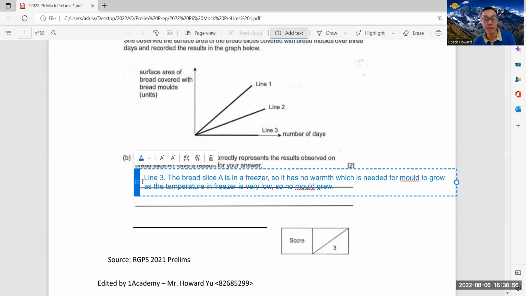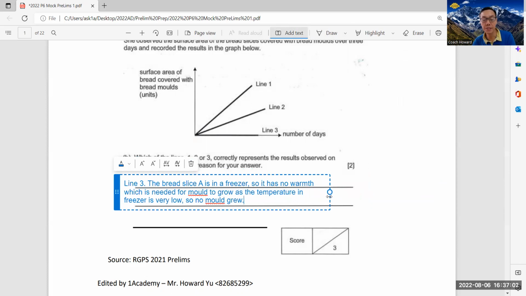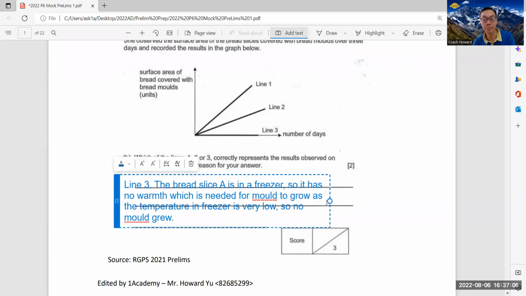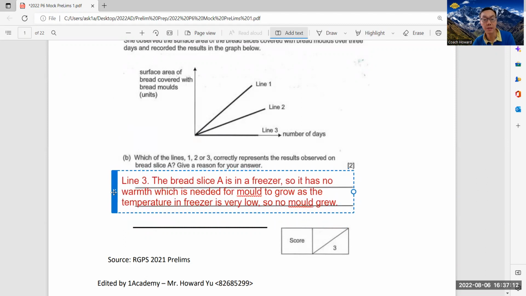Okay. Line 3 represents that because the slice of bread in the freezer does not have warmth. Okay. So line 3: the bread slice A is in a freezer, so it has no warmth, which is needed for mold to grow.